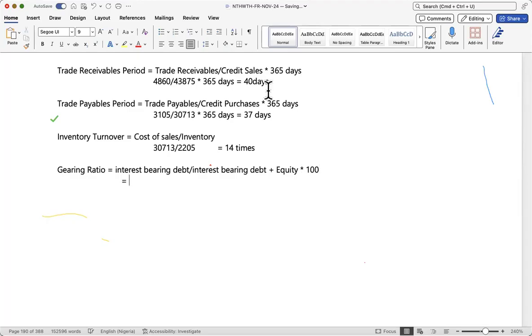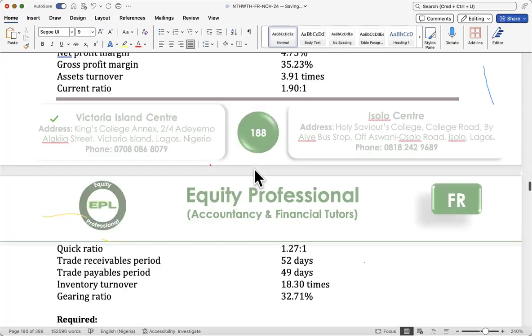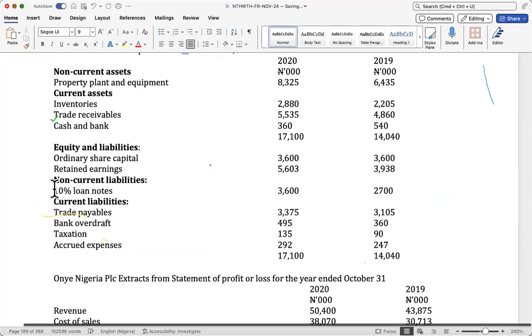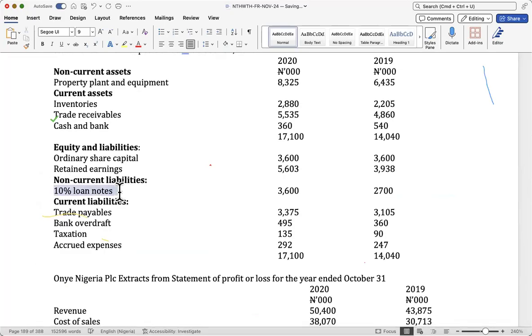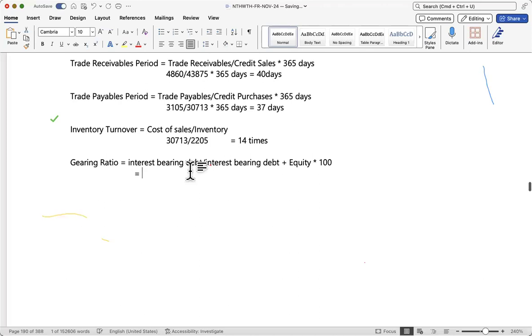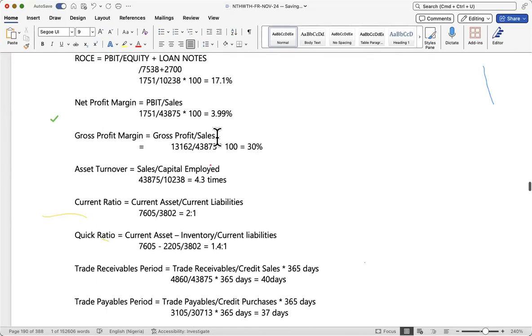The interest bearing debt is just the loan notes that we have, which is 27. So 27 over 27 plus equity.